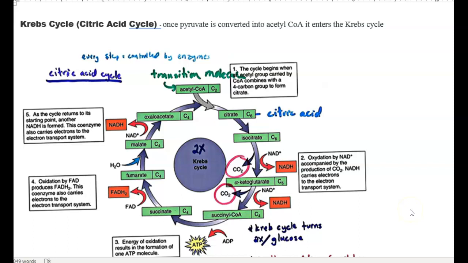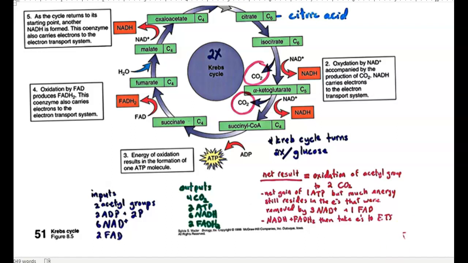So the glucose is completely broken down now. ATP makes another FADH2 and another NADH. What you need to focus on, besides what I just said you needed to know, are the outputs.